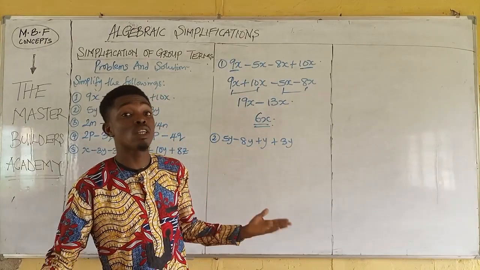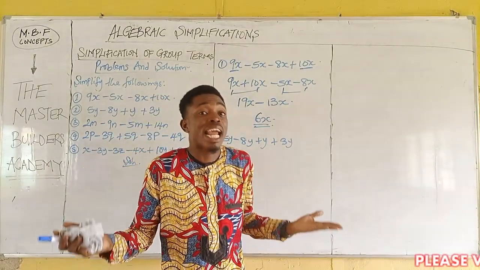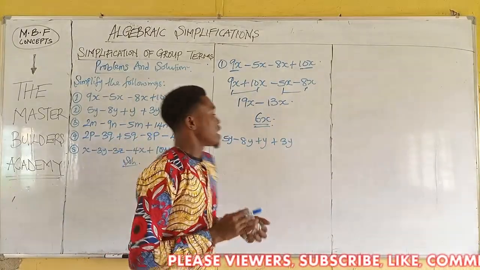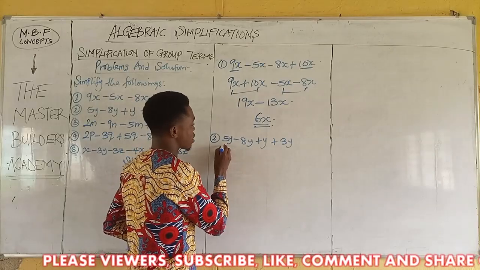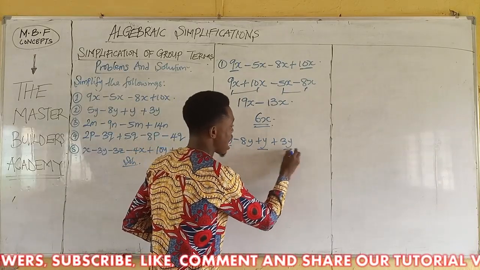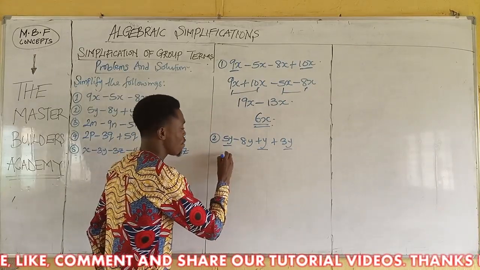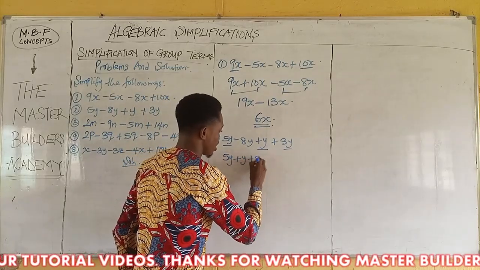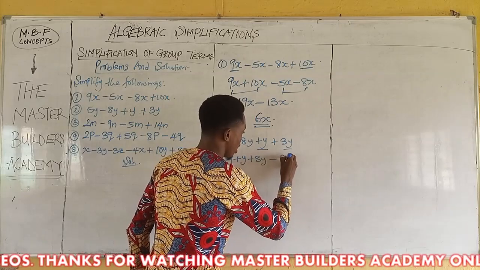And the only thing we are interested in now is to arrange the positive ones first, then followed by the negative ones. Therefore, the positive ones here are this one and this one. Therefore, I'm going to have 5y, by the arrangement, plus y plus 3y, then minus 8y.